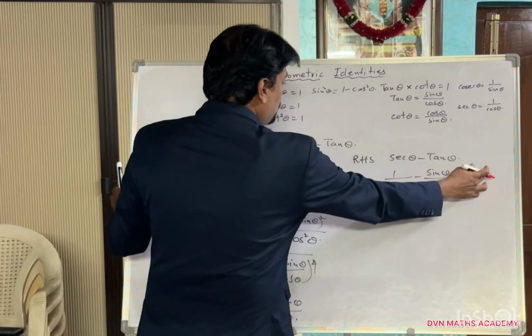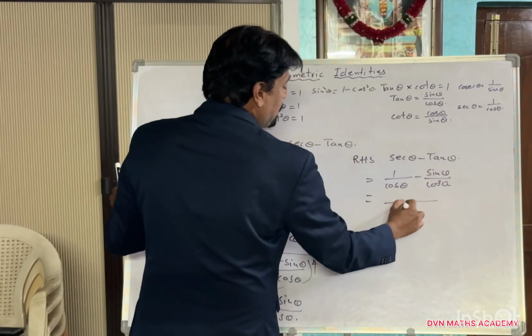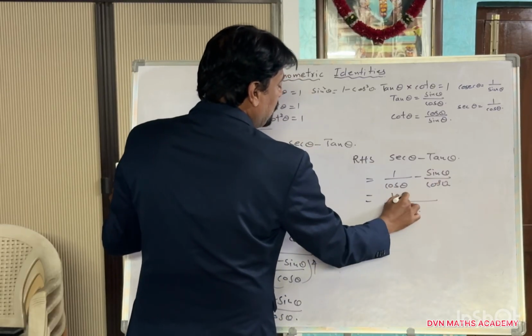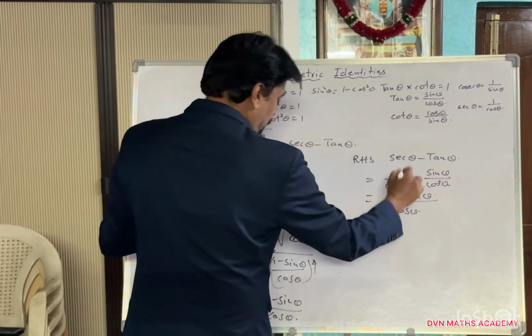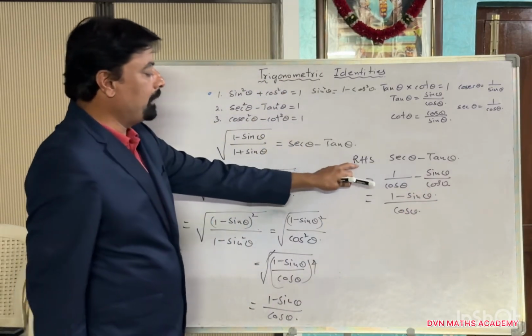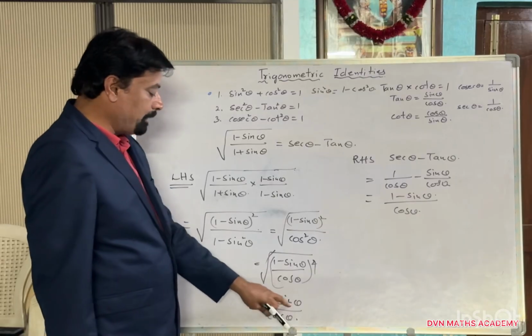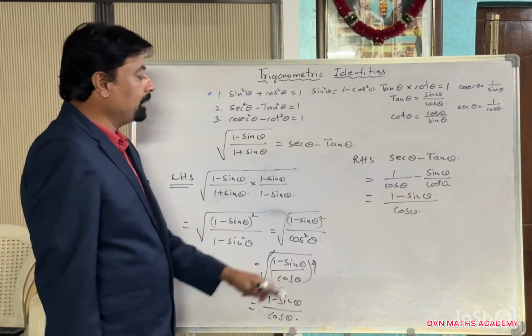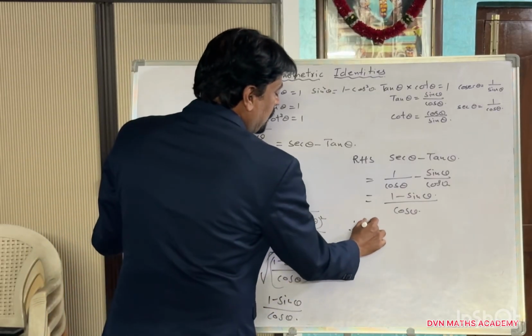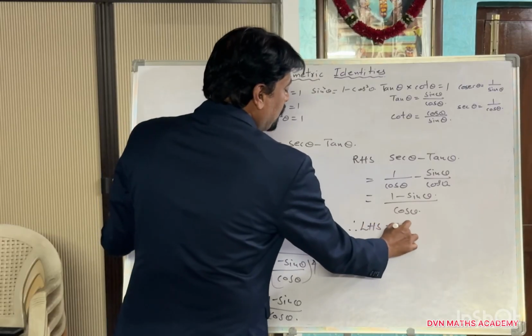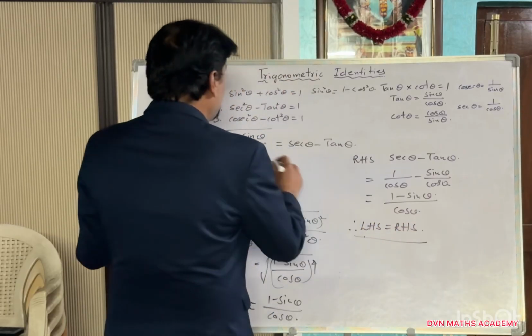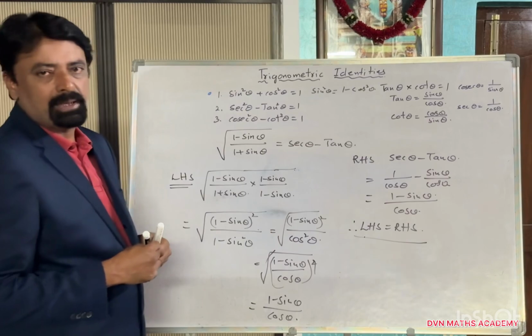You mentioned those rules beside that question. So the LCM is cos theta. So this is 1 minus sine theta. Now you see, RHS value is 1 minus sine theta by cos theta and LHS value is also 1 minus sine theta by cos theta. Therefore, LHS is equal to RHS. Both are equal. Hence, my question is proved.